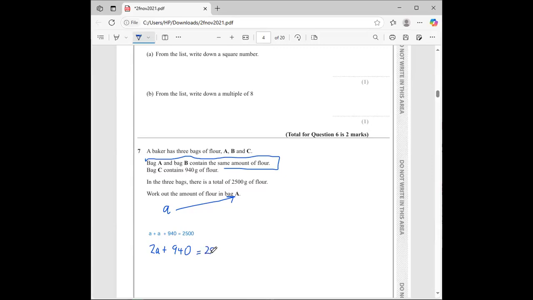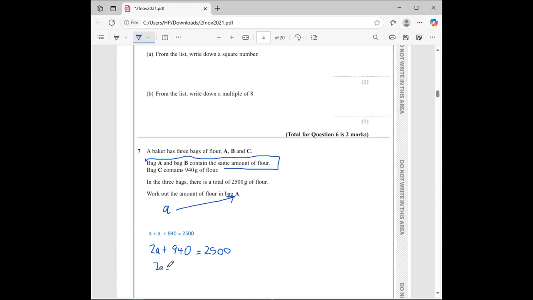Okay, so what do we do next? What happens next after this? What's the next step? Subtract 940. Yeah, exactly. Subtract 940.